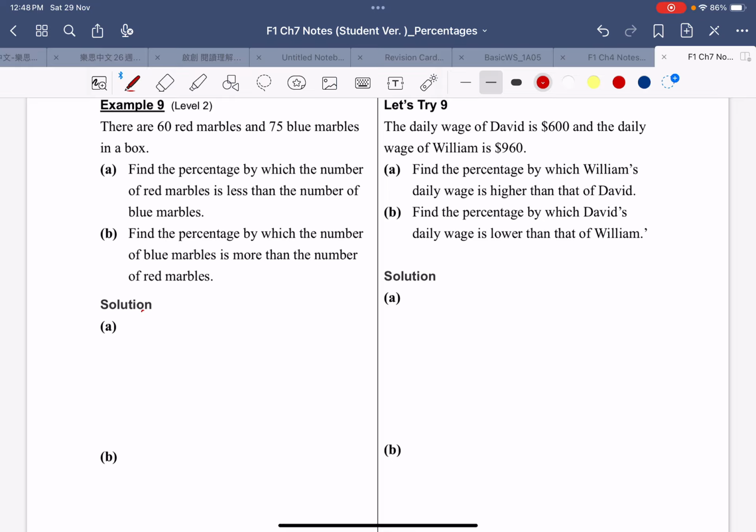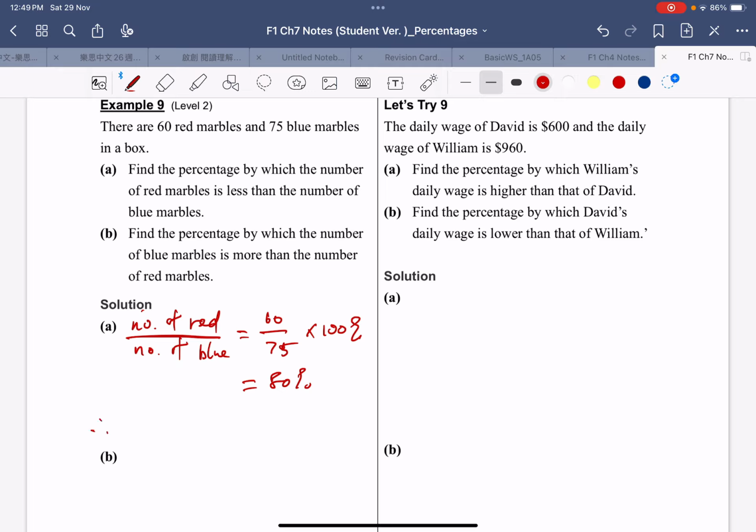The number of red, I skipped the word marble, divided by the number of blue equals 60 over 75, and then you multiply by 100%. You compare these two numbers first, it gives you 80. And therefore, automatically, you know the number of red marbles is 20% less than the blue marbles.